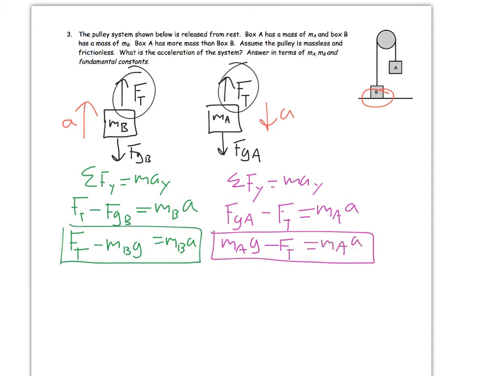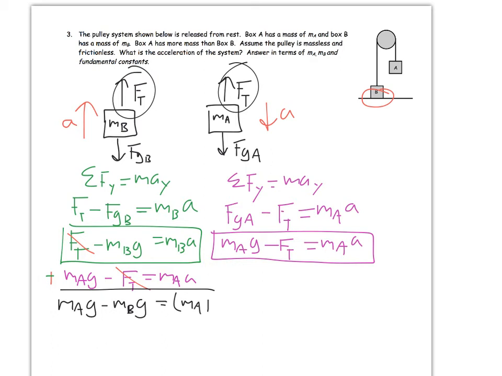I'm going to go ahead and add these two equations here. And what's going to end up happening, as it always should, is the force connecting the two objects, which in this case is ft, is going to cancel out. And we're going to be left with the total mass of the system. So when I add those two, I get mag minus mbg equals the total mass, ma plus mb, times my acceleration.